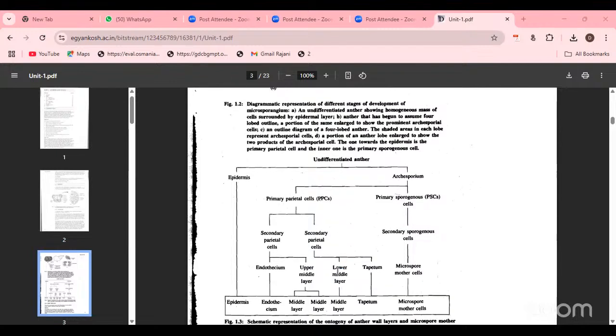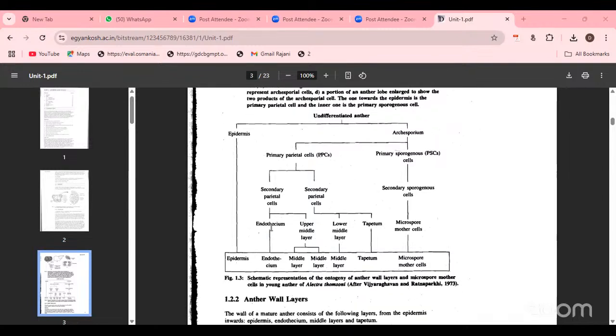These primary pericytial cells again can be divided into the secondary pericytial cells. Secondary pericytial cells again form the endothelium, upper middle layer, lower middle layer, middle cells, and tapetal cells.